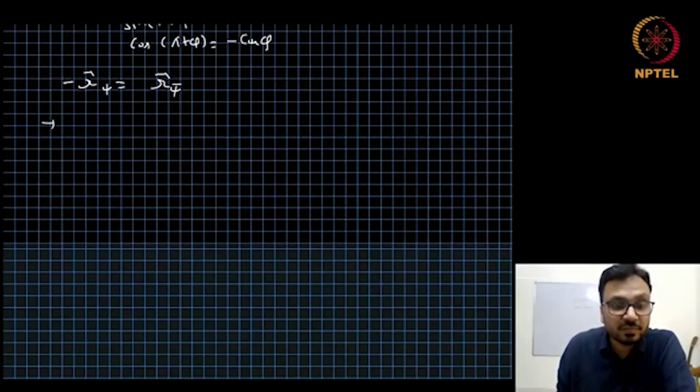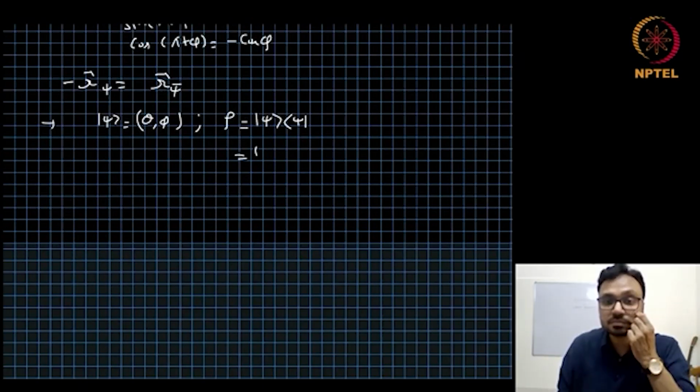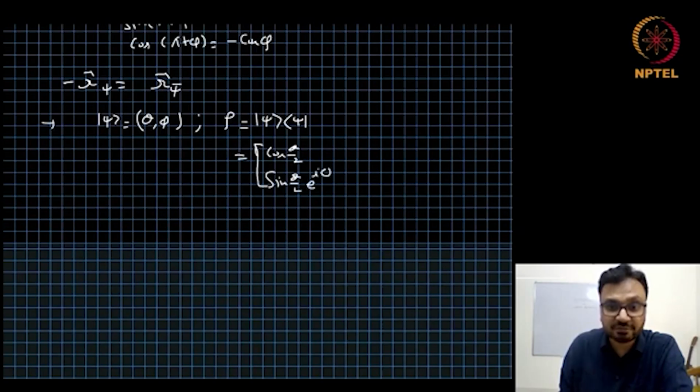So if we have a state psi, written with cos theta over 2, represented by theta and phi, we can calculate the density matrix corresponding to the pure state psi. That will be cos of theta over 2, sine of theta over 2 exponential of i phi, and its dagger, cos of theta over 2, sine of theta over 2 exponential of minus i phi.